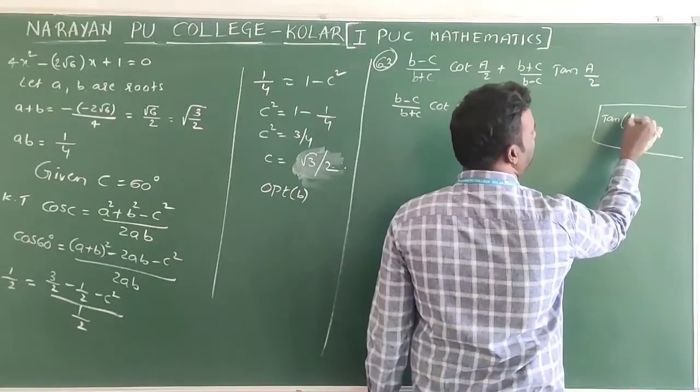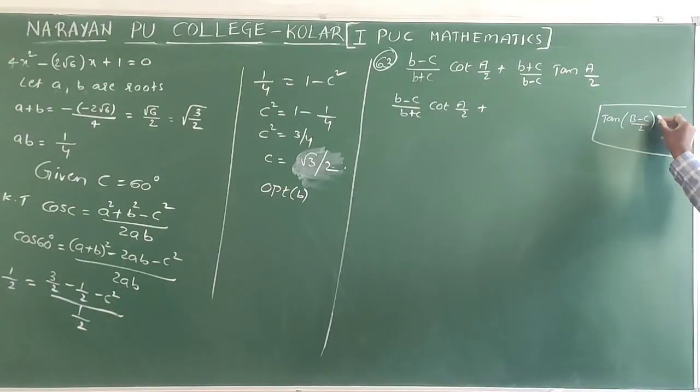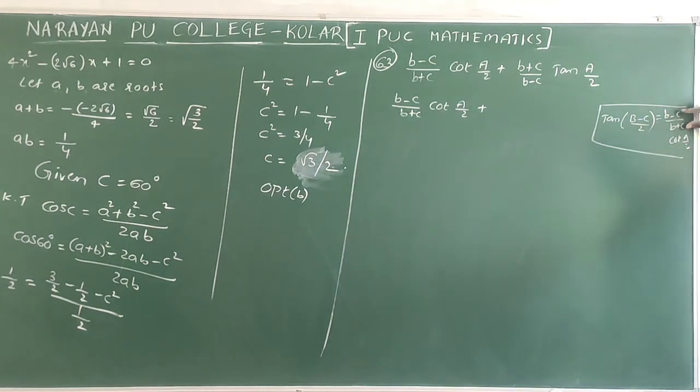Tan b minus c by 2 is equal to, already we know the formula, b minus c by b plus c into cot a by 2. But here reverse is there, reverse of this and reciprocal of this. So here the LHS is tan b minus c by 2, the reverse is nothing but cot.